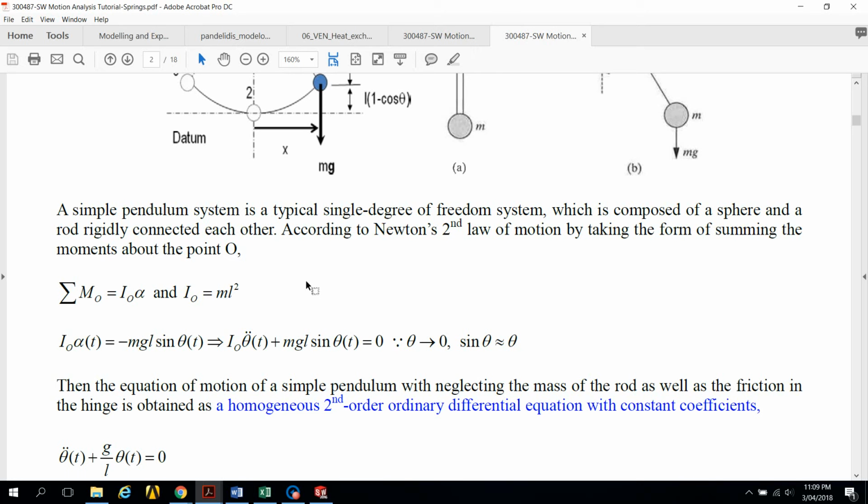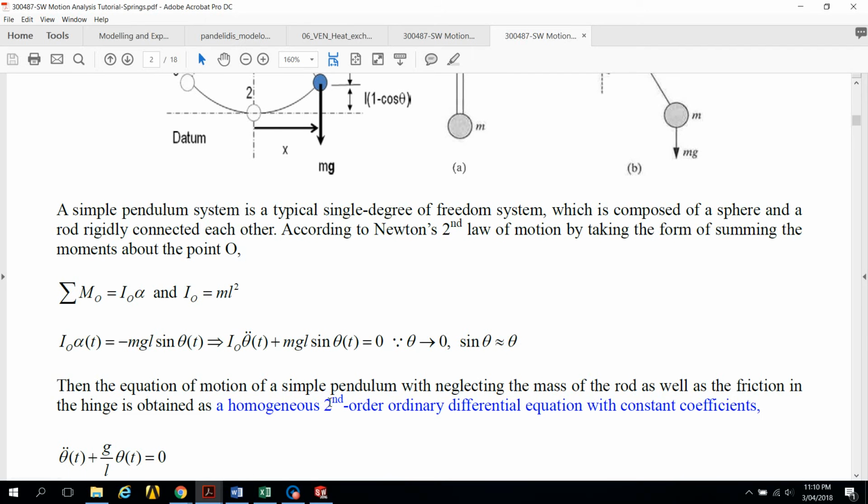According to Newton's second law of motion, by summing the moments about point O, we have the moment around point O equal to I_O multiplied by alpha, and I_O is equal to the mass multiplied by the length of the chord squared. I_O multiplied by alpha as a function of time is equal to minus mg multiplied by L multiplied by sine of theta as a function of t. And we can simply find that sine of theta is almost equal to theta.